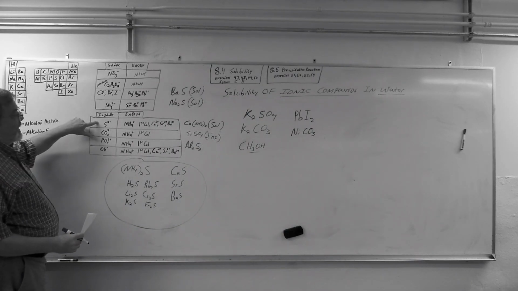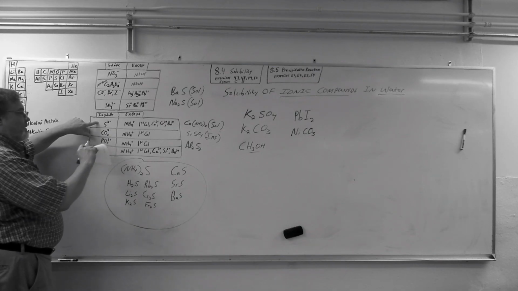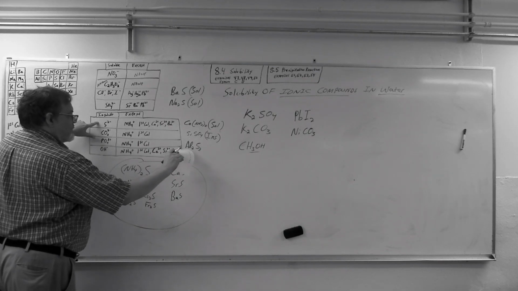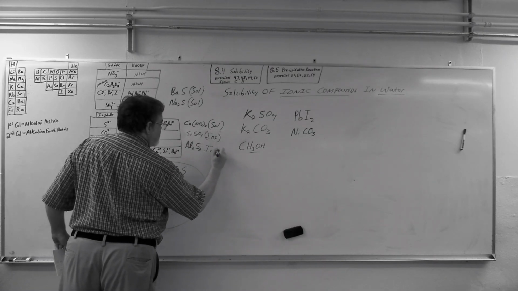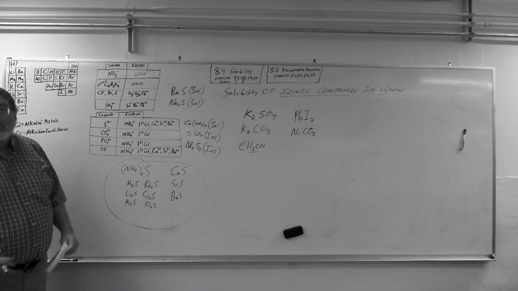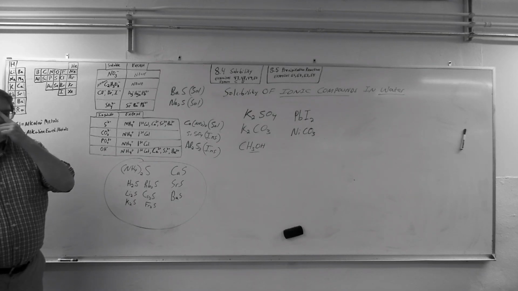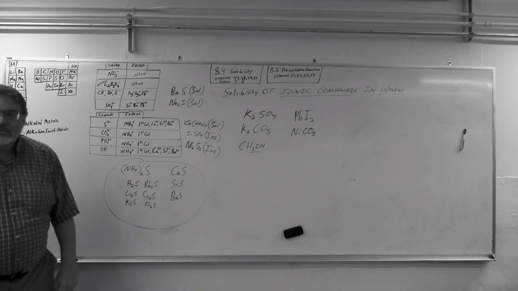Al2S3, okay, so everything sulfide is insoluble except for these. And aluminum is not in the exceptions. So this is insoluble. You following this? K2SO4, is that soluble or not?